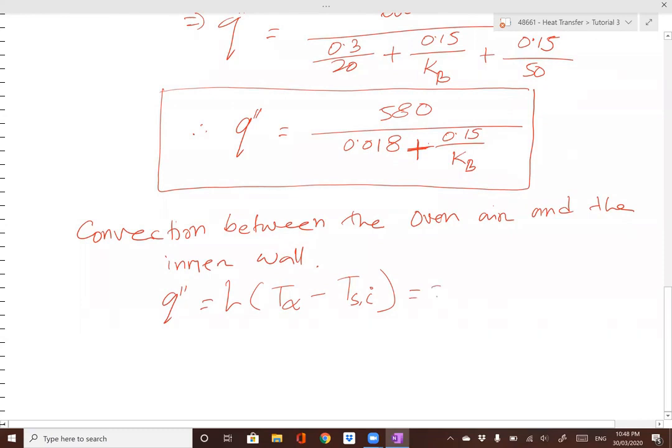So h is given as 25, the oven air temperature is 800, minus the inner wall temperature of 600. So it will be 5000 watt per meter square.